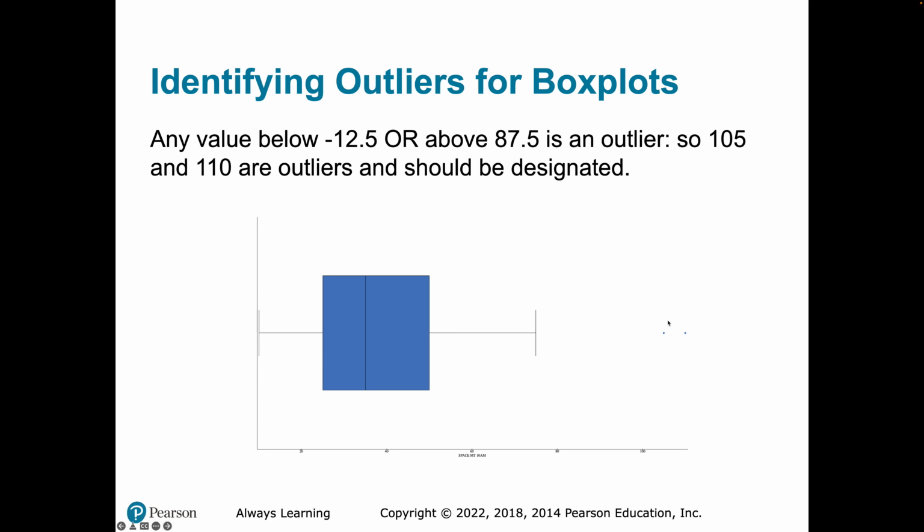These two are unusually high compared to the other wait times. This one is not. So we extend the horizontal line out to the highest number in our data set that is not classified as an outlier. Again, these two are outliers.